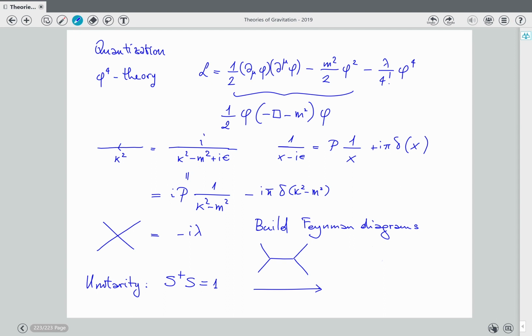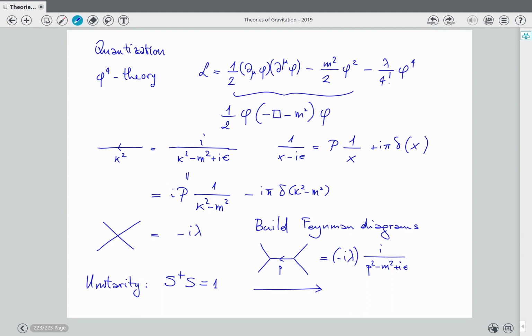Anyway, what is this process? You have a vertex here. This is a vertex. So a vertex is minus I lambda. You have a propagator there. Call this momentum P. The propagator is that thing. And then you have another vertex.